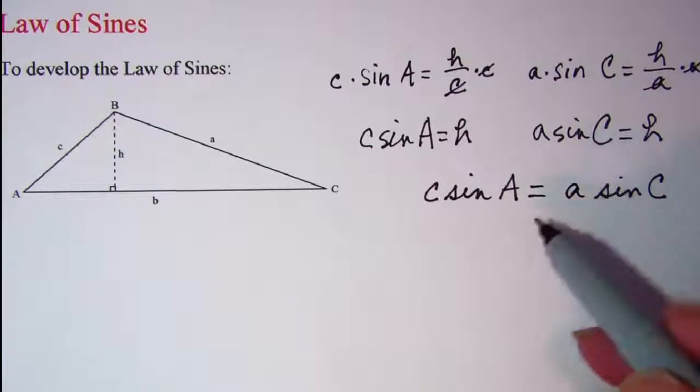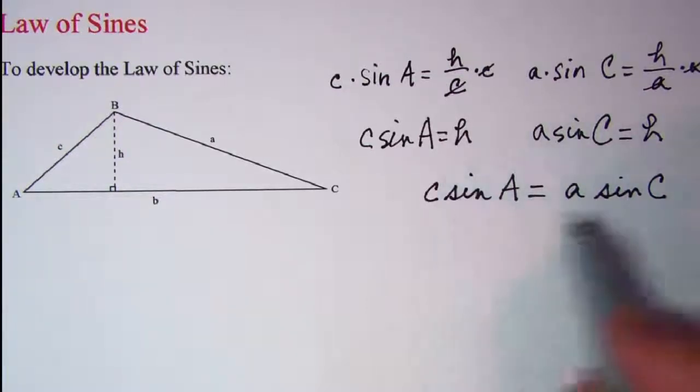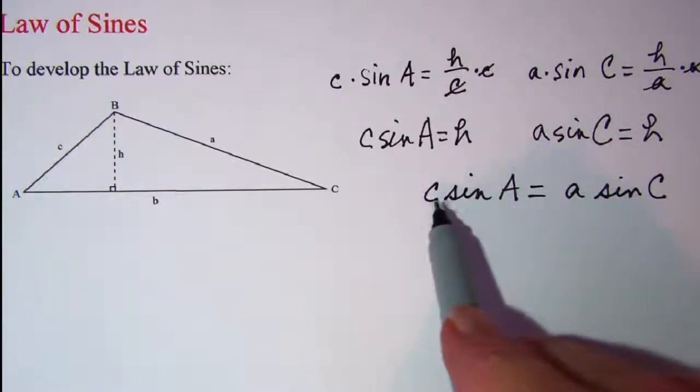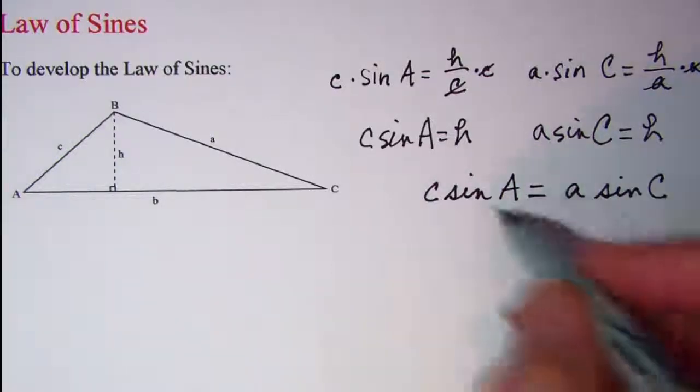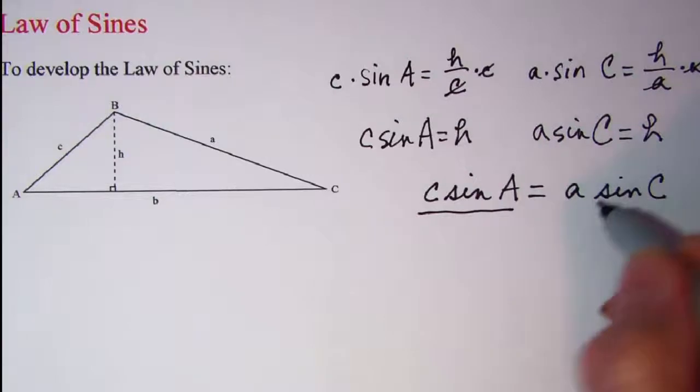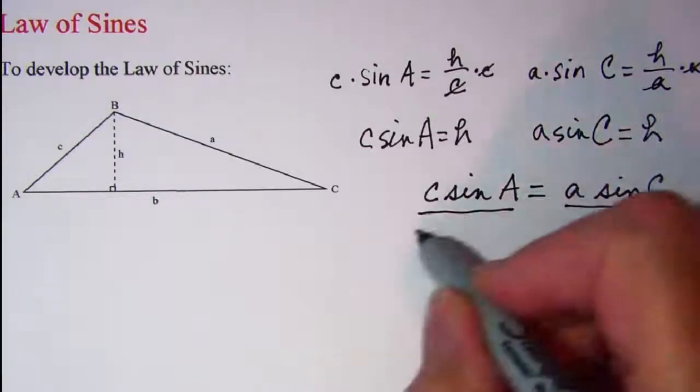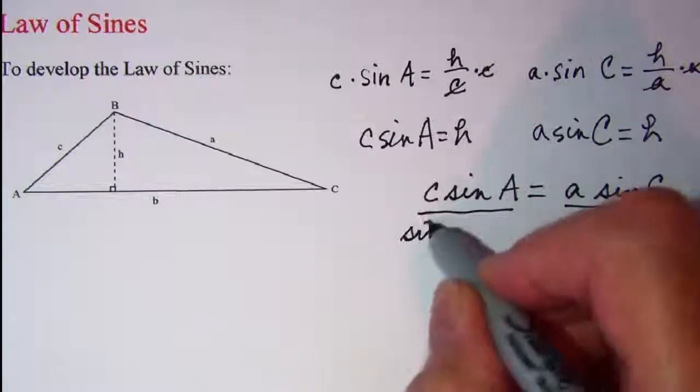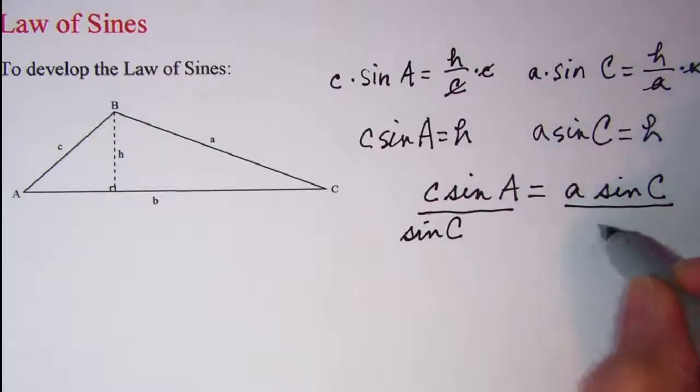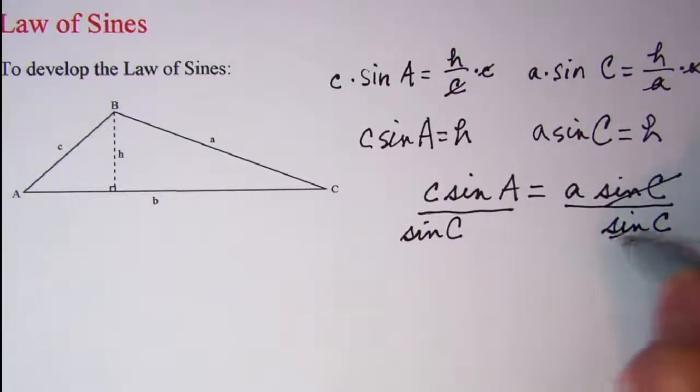All right, now what I want to do is get my sine of C on this side with my side C. So I'm going to divide both sides of my equation by sine C, and these will cancel.